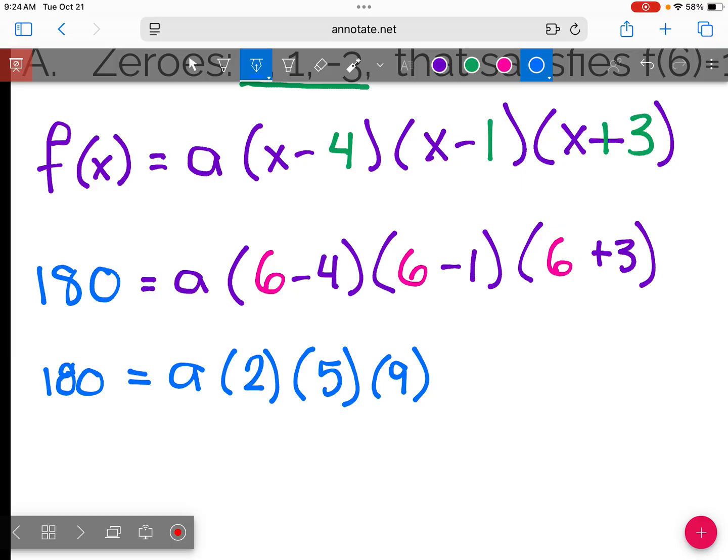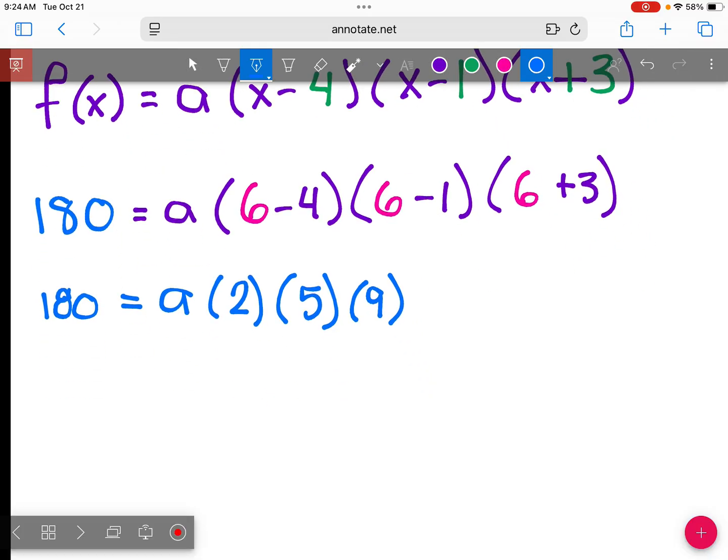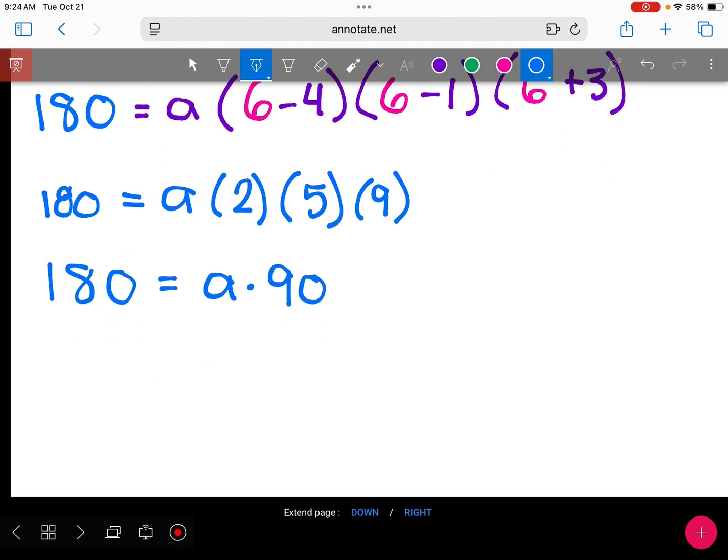When we substitute that x in, it makes it so that I can simplify these down to just single numbers. Then we have 2 times 5 times 9. So 180 equals whatever a is times 90. We can divide both sides by 90. What does a equal? 2.